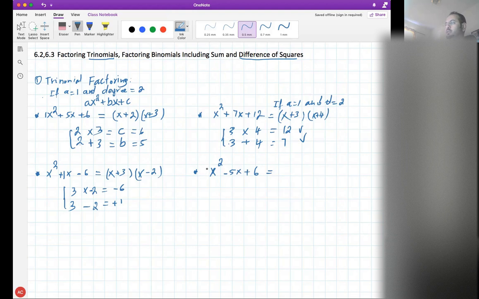Make sure there's an invisible 1, the a basically is an invisible 1. Because of that, we can write the parentheses. And then we're going to find two numbers. So what numbers are we looking for here? Those numbers multiply to what, and add up to what? Based on this problem, the numbers that we need to put here, they should multiply to what number? And add up or subtract to what number?